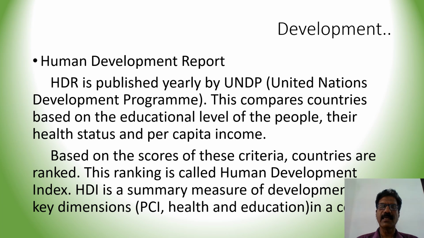So three key dimensions are used to make this report, and countries are ranked accordingly. And this ranking is called Human Development Index. So in Human Development Index, three key measures are used to rank the countries. They are income, health, and education.